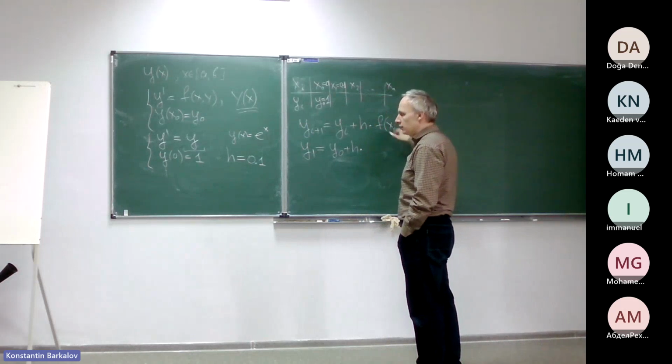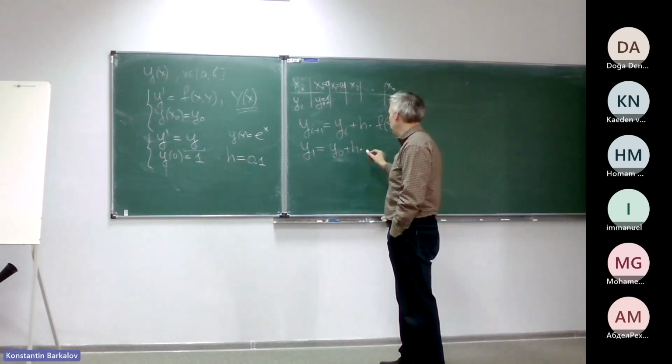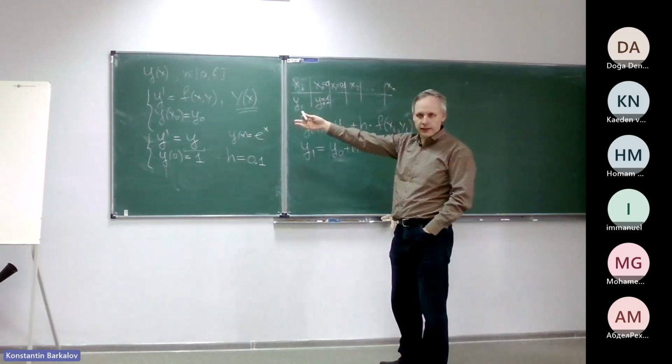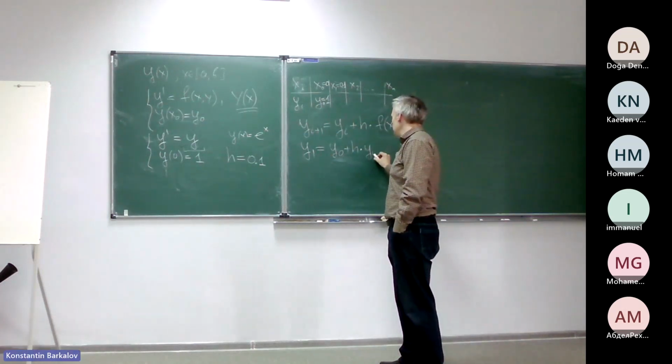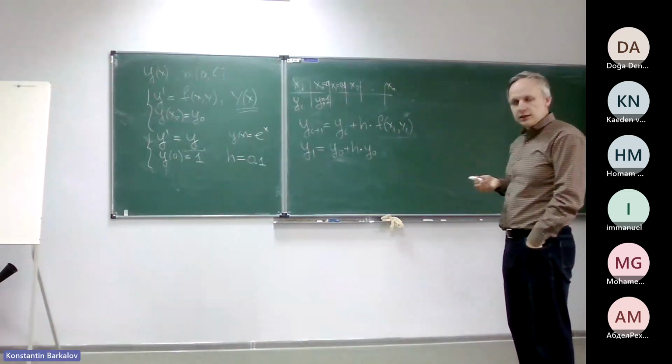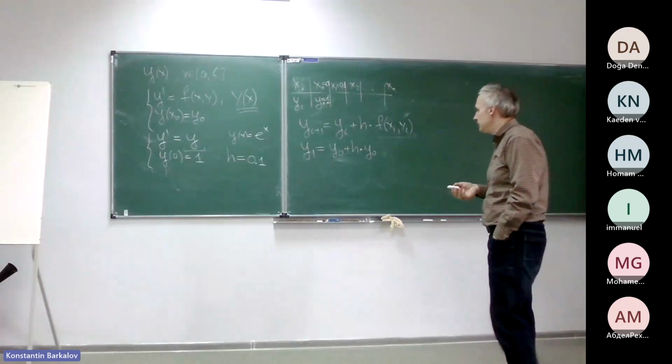But in our case f of x_i, y_i is y, so h times y0. This is a very, very simple formula.